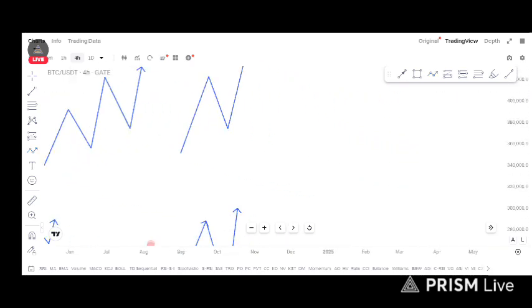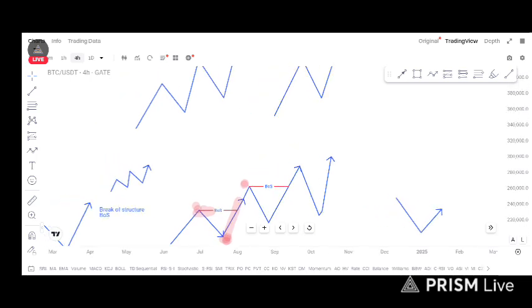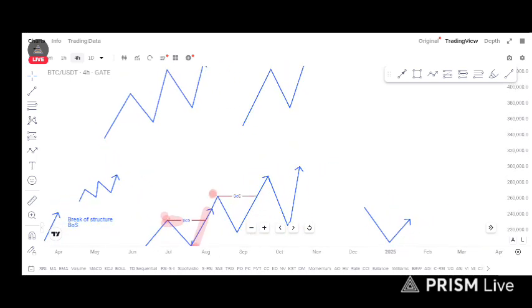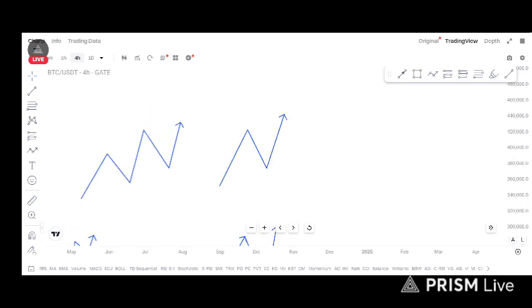This market movement is in two phases, which is what I just explained. The market is just moving in two phases: continuation and pullback, continuation and pullback.